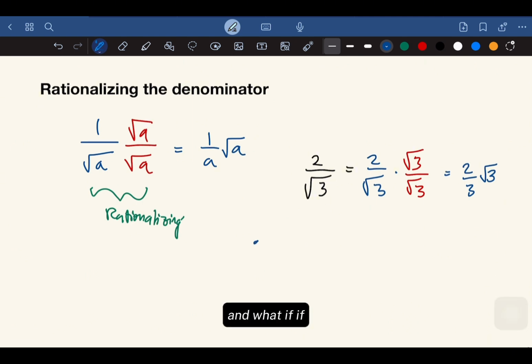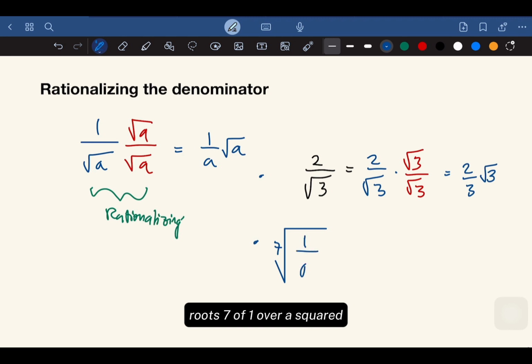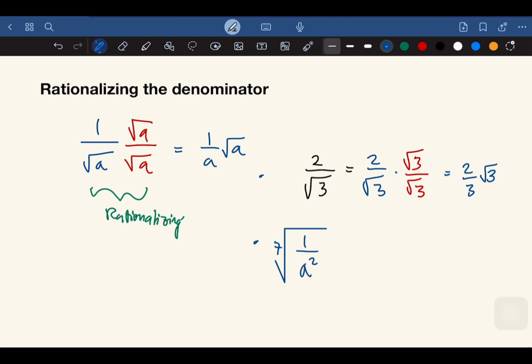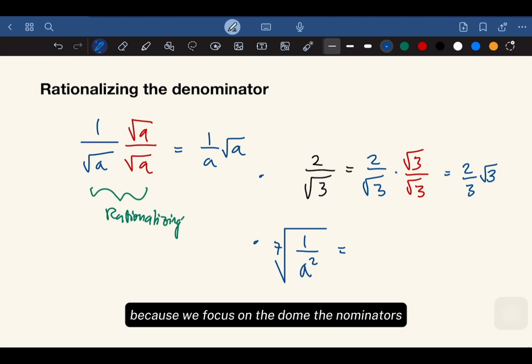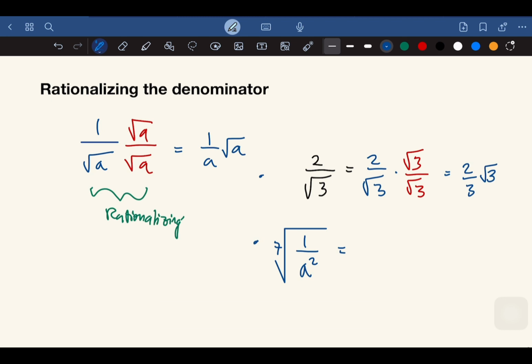And then what if you take the 7th root of 1 over a squared? How do we rationalize this? Because we focus on the denominators, we need to know which one is which.